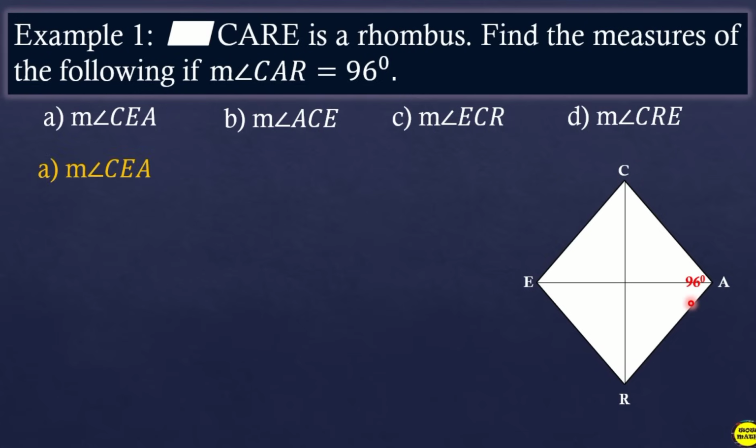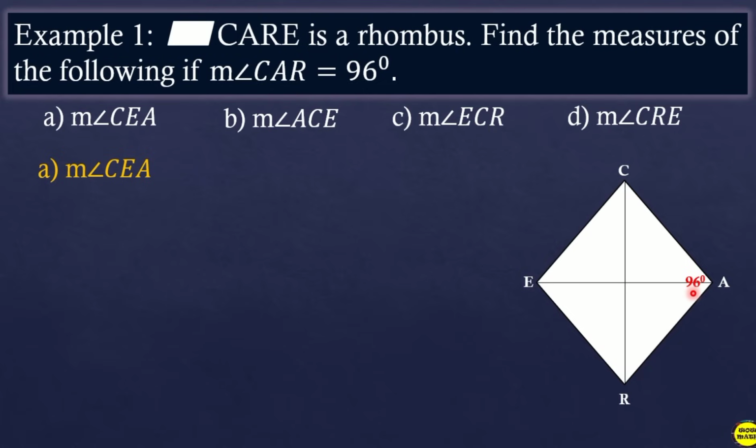Okay. So, para makuha natin si letter A, which is the measure of angle CEA, so we all know, di ba nga sabi natin kanina dun sa properties, opposite angles are congruent. Okay. So, si CEA ay, si CAR, ito si CAR, okay, si CAR measures 96 degrees.